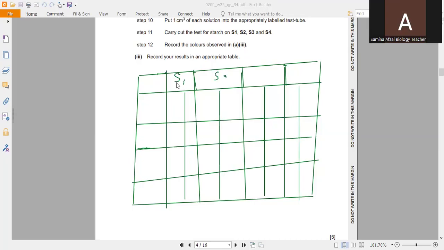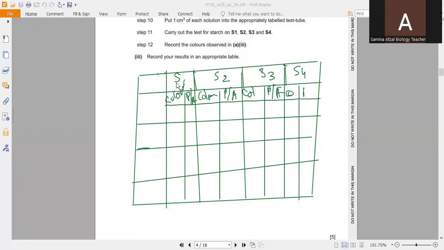S1, S2, S3, S4. So in this column, we will represent color present or absent. Color present or absent. Then again color present or absent.